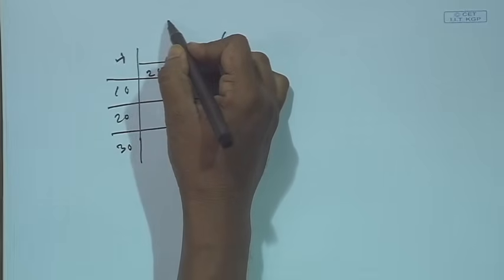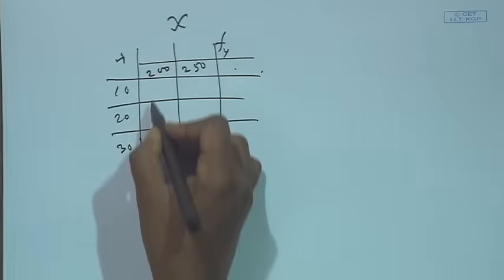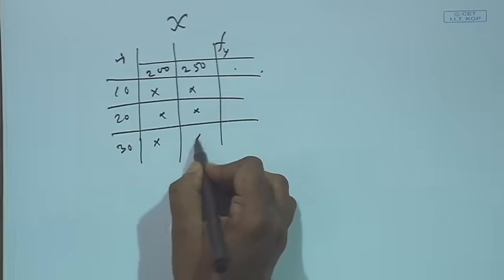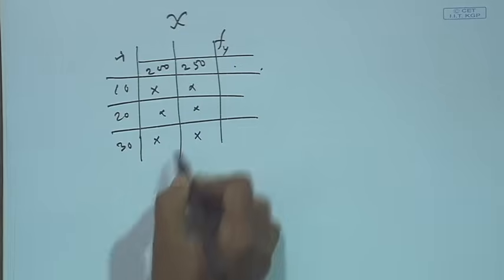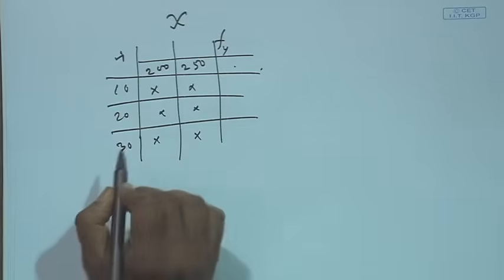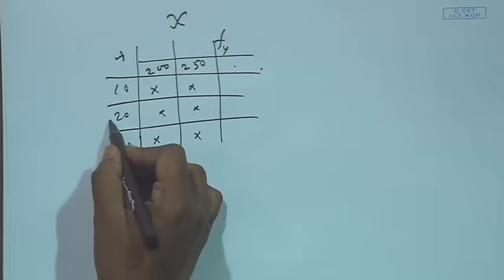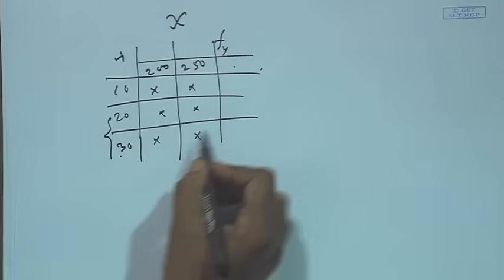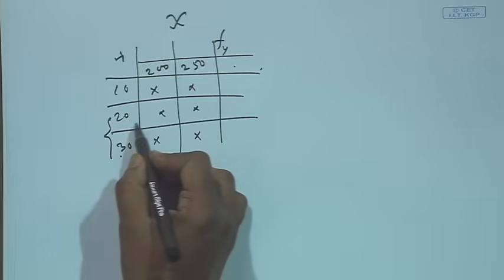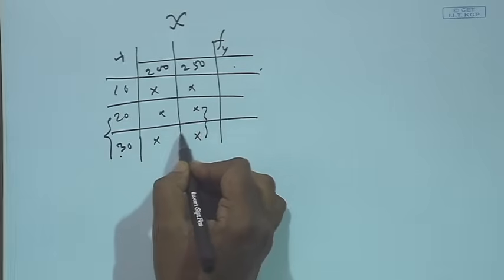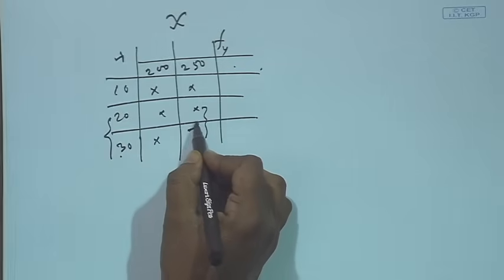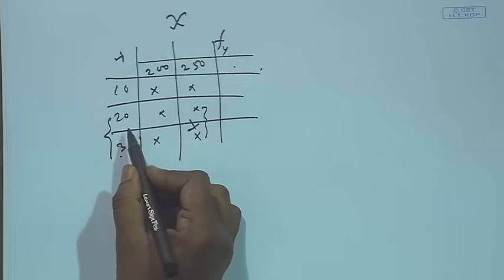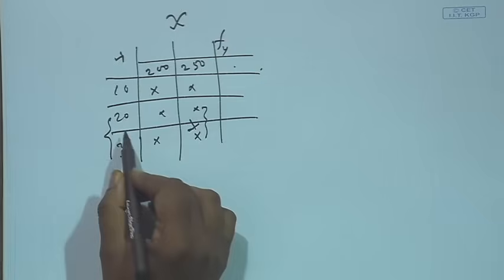Then the reduction factor values are given for different values of lambda and Fy, right. So, reduction factors are given. If, for example, we have lambda in between 20 and 30 and Fy as 250, then we can interpolate between these two to find out a particular value of reduction factor with respect to a particular value of slenderness ratio.